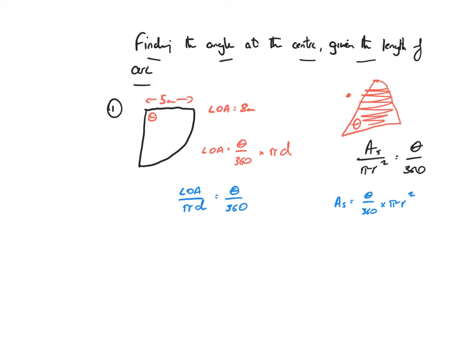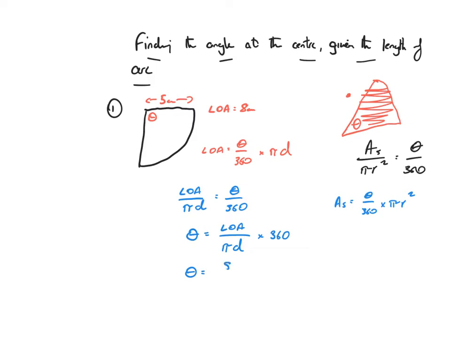Okay, now at that point, I can bring the 360 that's been divided and bring it up and multiply. So that will give me theta equals the length of the arc over pi d multiplied by 360. I can then put the information in.